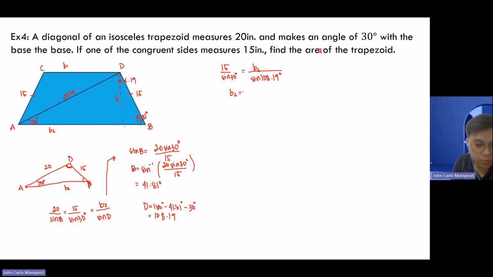So B2 is 15 times sine 108.19 over sine 30, which is 28.5 inches.